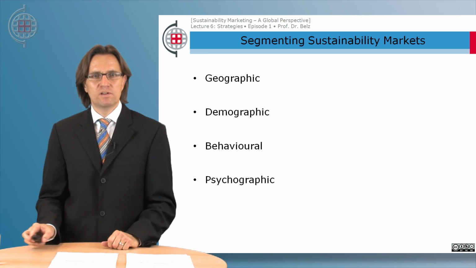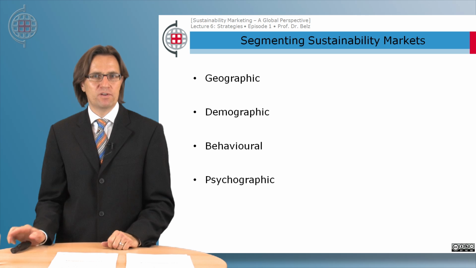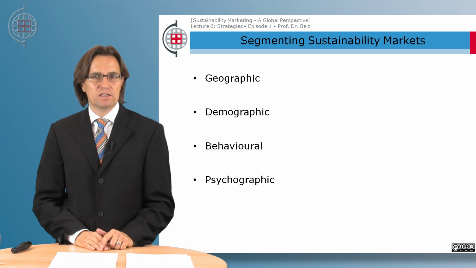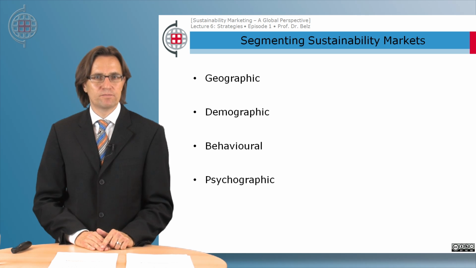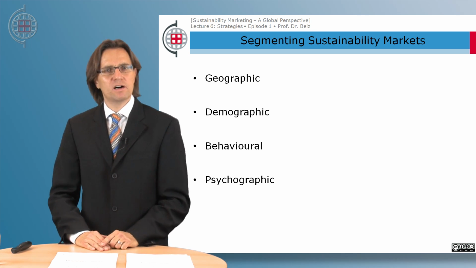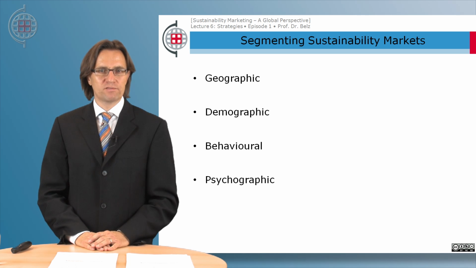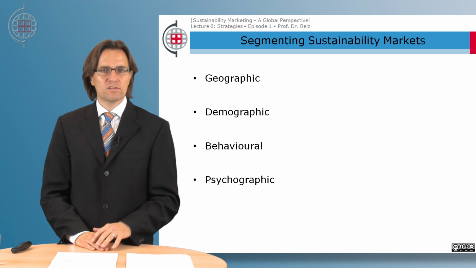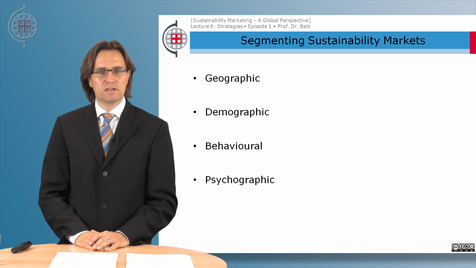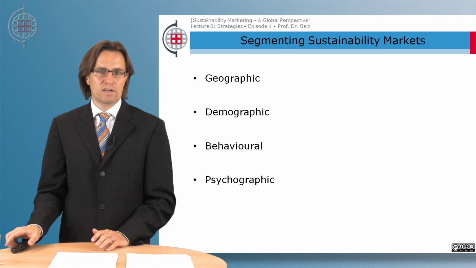Let's move on to the second step of developing sustainability marketing strategies. That is segmenting sustainability markets. Generally, there are 4 different criteria for segmenting a market: geographic, demographic, behavioral, and psychographic. In our context of sustainability marketing, the psychographic criteria plays an important role.